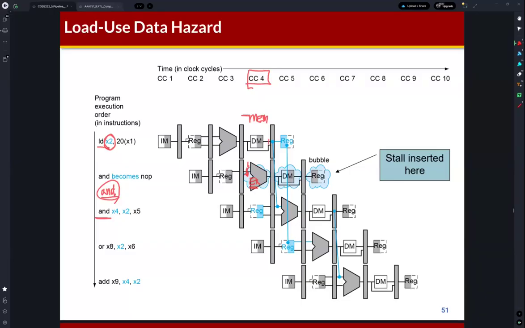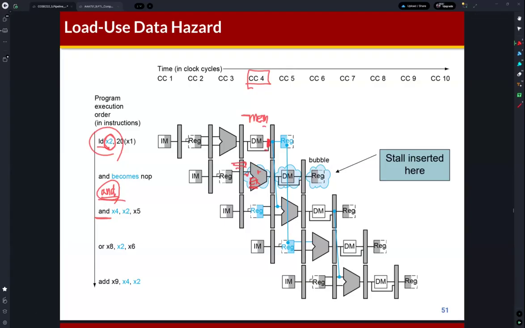Actually, the load instruction is in the memory stage, and the data is generated at this point, but the data is necessary at this earlier point, right? So data forwarding is not possible, and the and instruction cannot be executed in the EX stage.